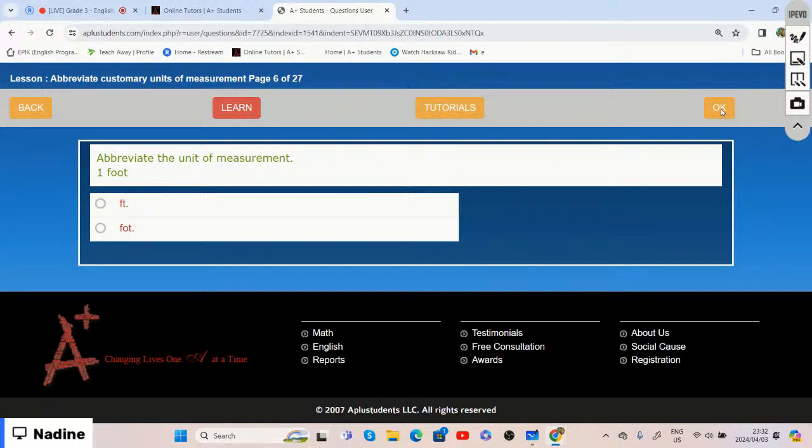All right, and if we choose the abbreviation of 1 foot or feet, we're going to say it is FT, for foot, or it can be feet.